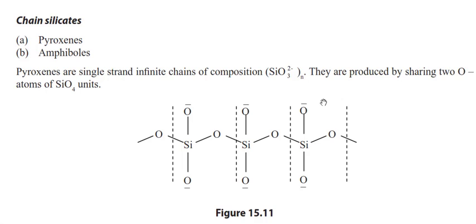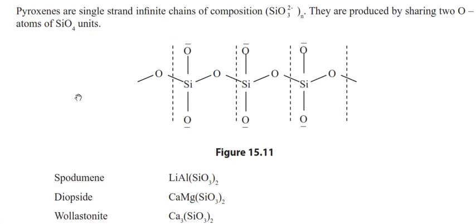Then chain silicates, which are a kind of polymerization process. There are two types, pyroxenes and amphiboles. Pyroxenes are single-strand infinite chains of composition SiO3, and they are produced by sharing two oxygen atoms of SiO4.